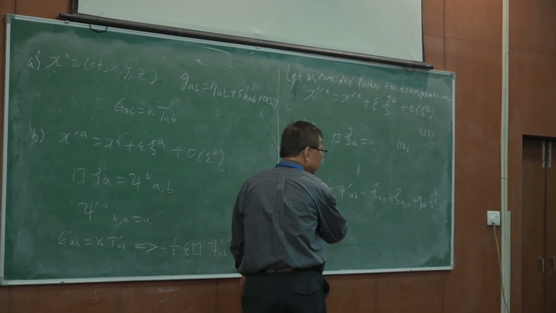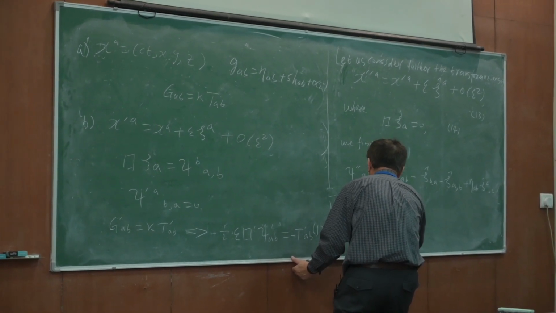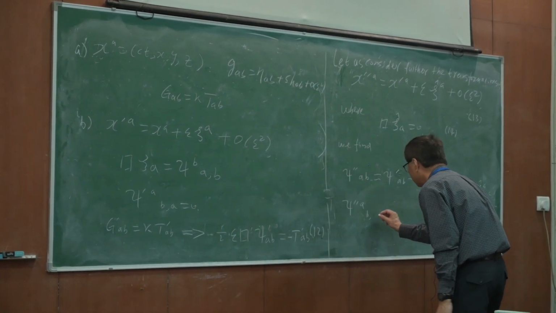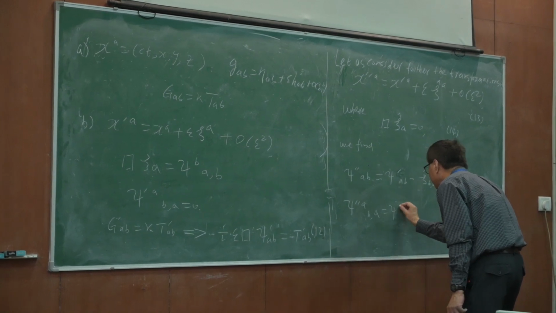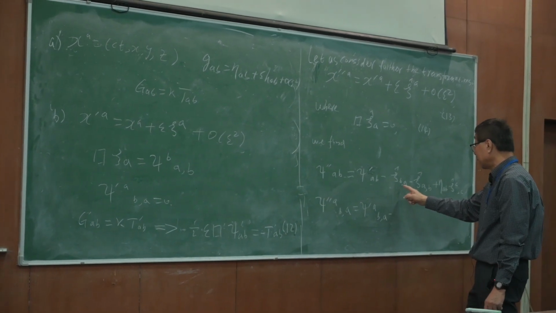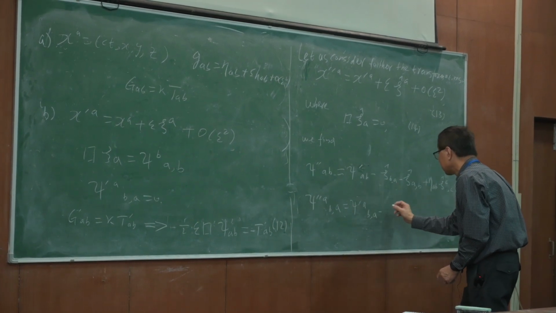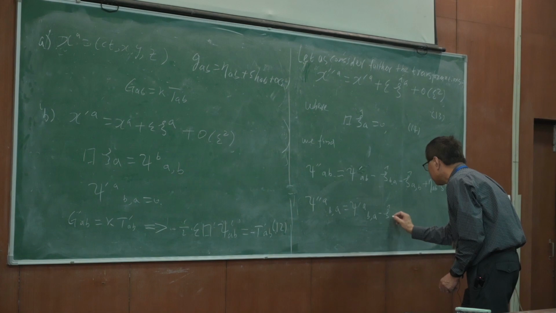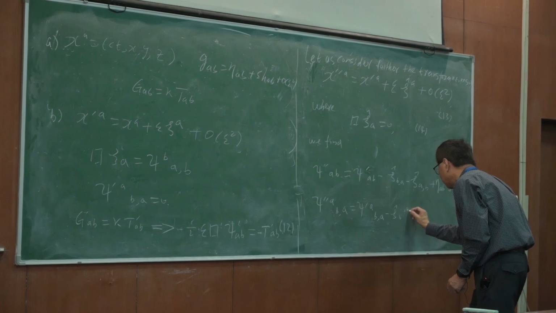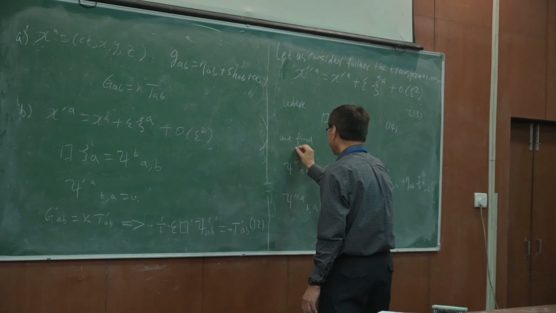Now you can see if I simply take h double prime AB, raise A, then take a derivative with respect to A. So this will be h prime AB, then A minus the epsilon terms, and so on. Why? Because let me write this again.